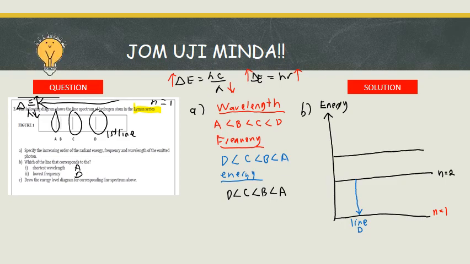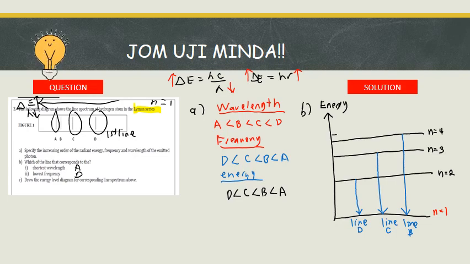Next, kita lukis gap a little bit smaller. N sama dengan 3. So n3 turun kepada n1 correspond kepada line C. So next, saya lukis lagi gap smaller a little bit. Lagi n sama dengan 4. N sama dengan 4 turun kepada n1.